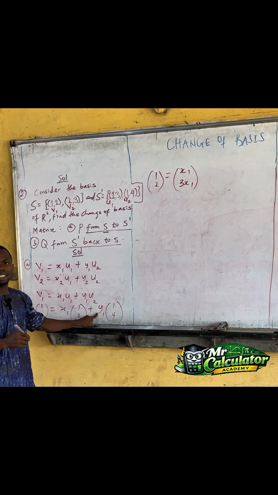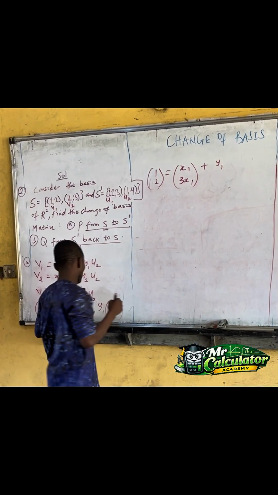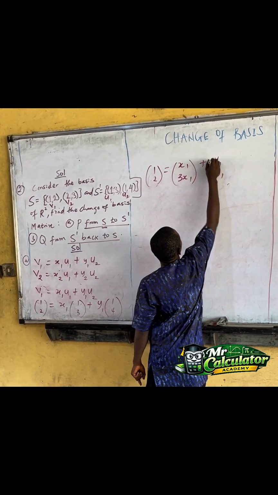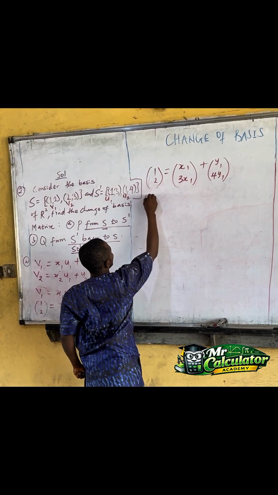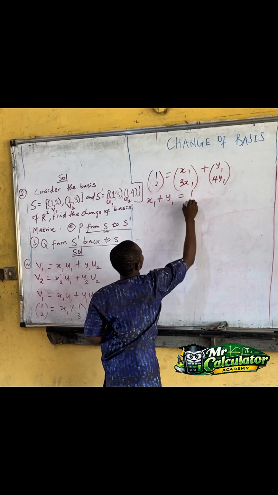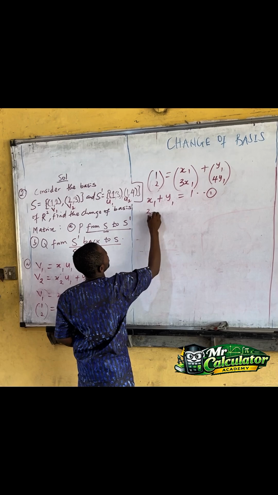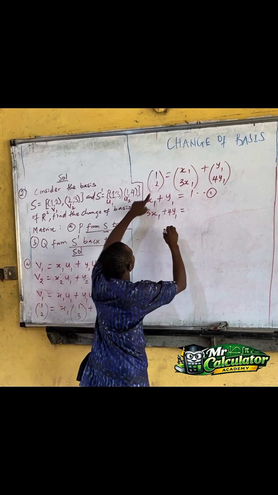Plus Y1 times 1 is Y1, Y1 times 4 is 4Y1. I close it. So the first row gives X1 plus Y1 equals 1, equation 1. And 3X1 plus 4Y1 equals 2, equation 2.